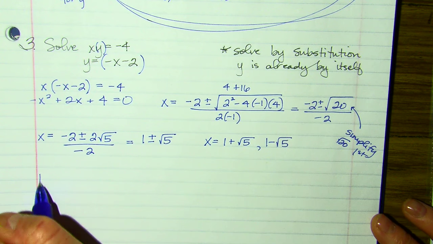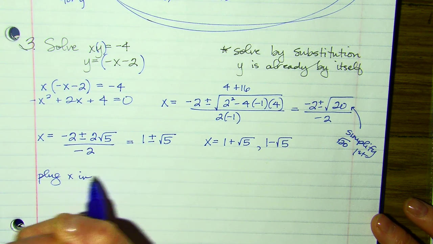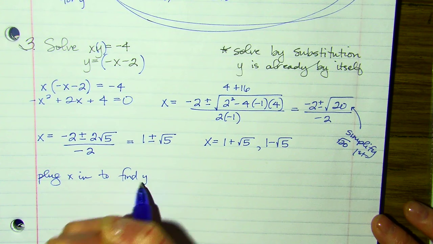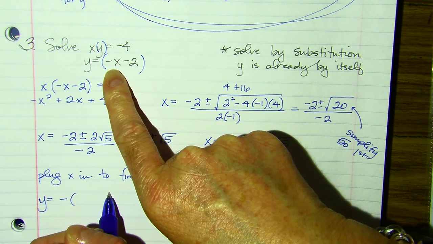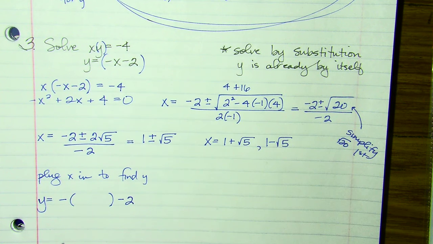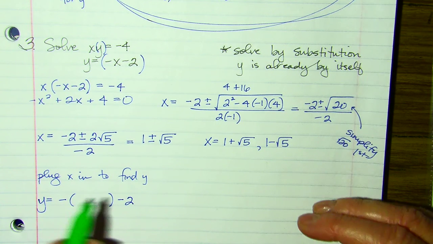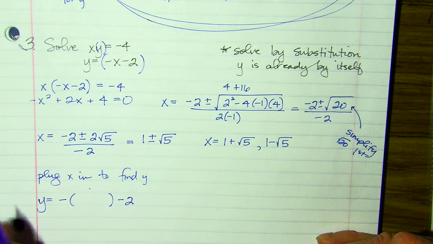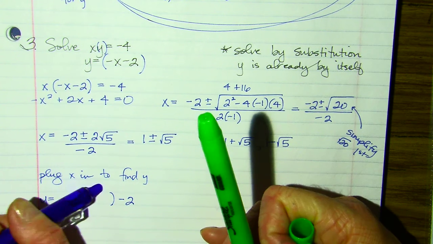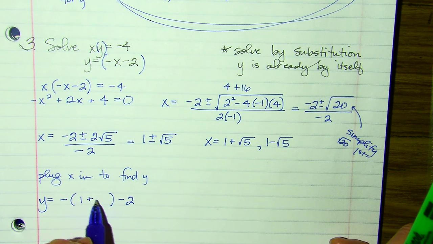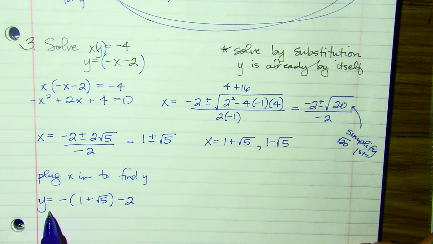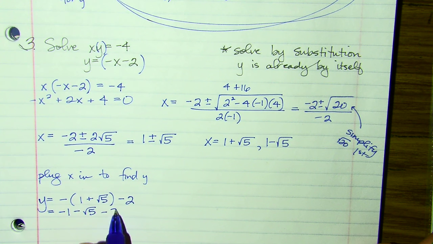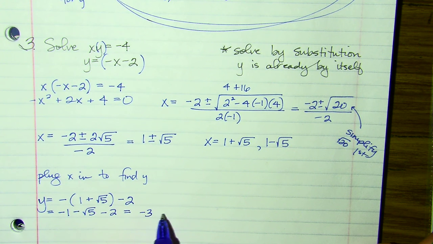So now we're going to plug x in to find y. So I'm going to use this equation up here, y equals -x minus 2, right? And I'm going to substitute x right into here. So I'm going to plug in the 1 plus root 5, and that gives me -1 minus root 5 minus 2, which equals -3 minus root 5.